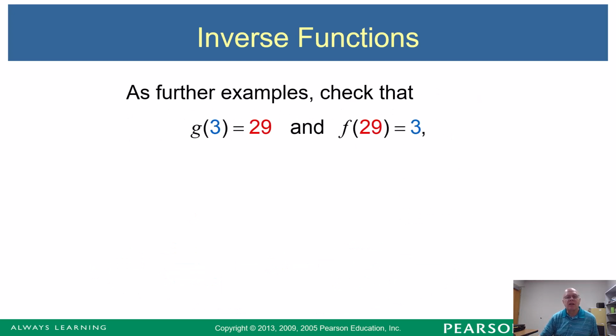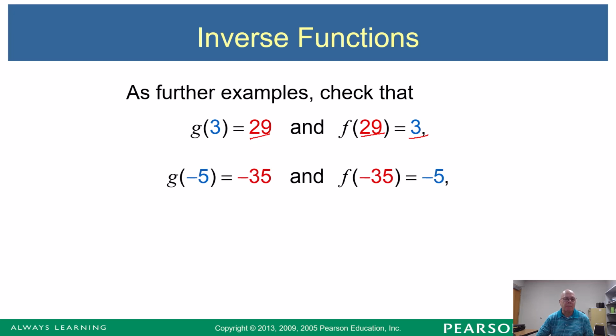So let's try some other ones. We tried with a 10. 10 went to 85, and 85 went back to 10. We're going to go the opposite direction. Take the g of 3, and get a 29. Take that 29 to the other function, come back, you got 3 again. Use a -5.